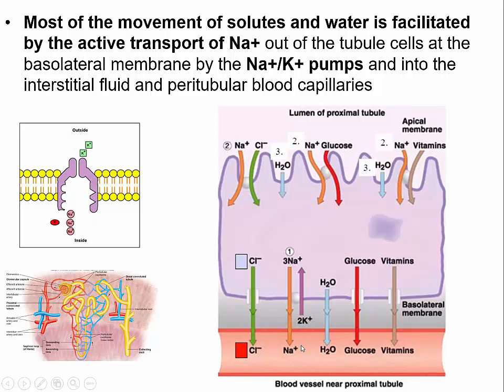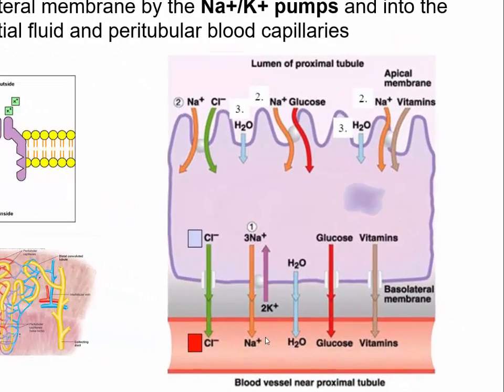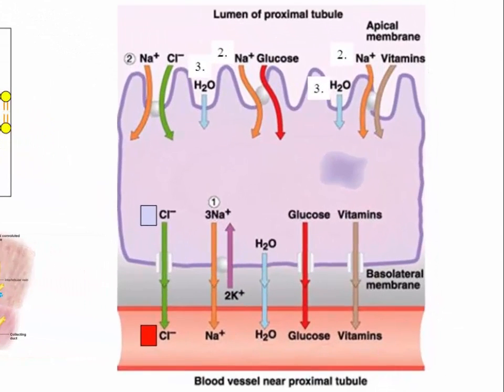It's extremely important, as I said before in the previous video, that the movement of a lot of these substances through the apical membrane from the lumen of the proximal convoluted tubule into those cells occurs by secondary active transport. Sodium is the driving force in that secondary active transport, so you have to keep sodium low in those cells. And how do you do that?